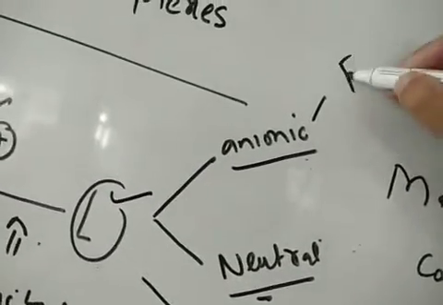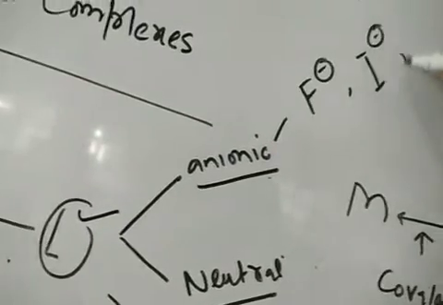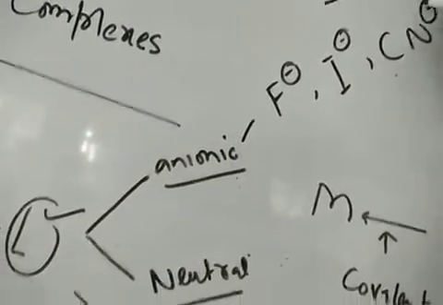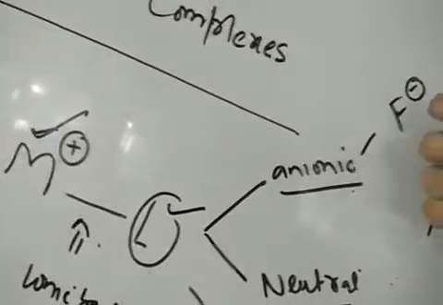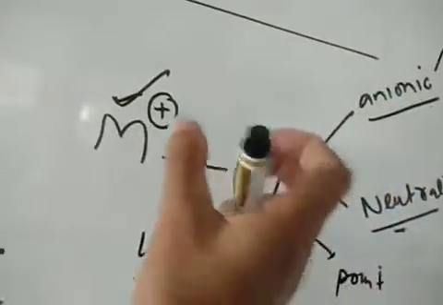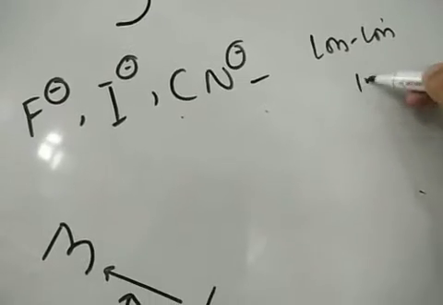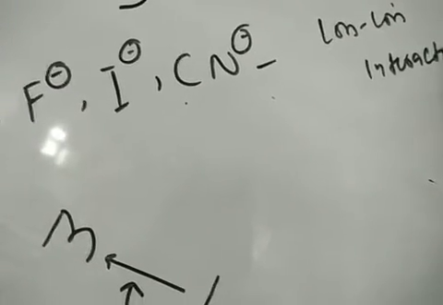So if they are anionic ligands, that means we can have ligands like fluoride, iodide, cyanide, and so on, with negative charge. So these negatively charged ligands interact with the charge on the central metal ion. So this is a purely ionic interaction. So this is an ion-ion interaction between metal and ligand.